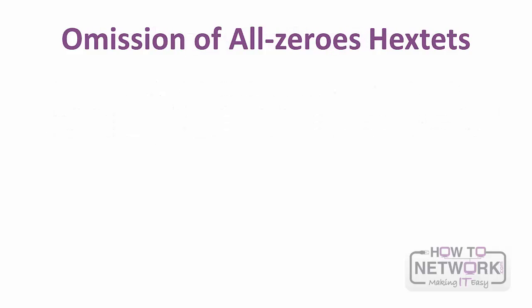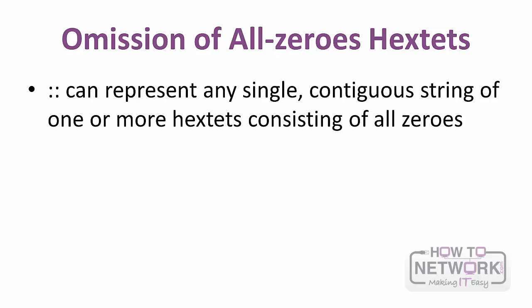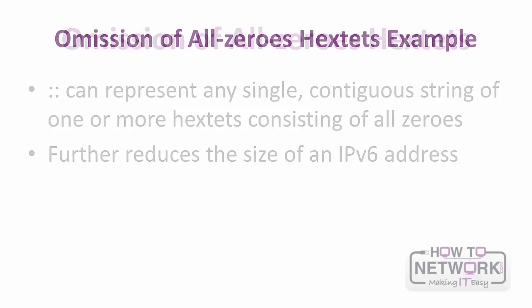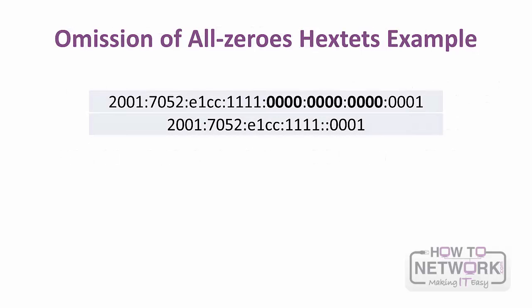The second helpful rule in reducing the notation of IPv6 addresses is the omission of hextets with all zeros, which says that a double colon can represent any single continuous string of 1 or more hextets consisting of all zeros. This will help further reduce the size of an IPv6 address.